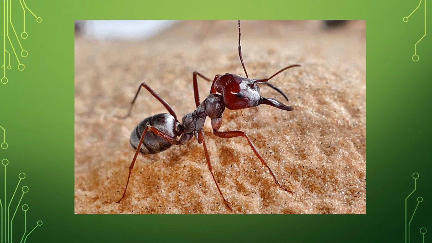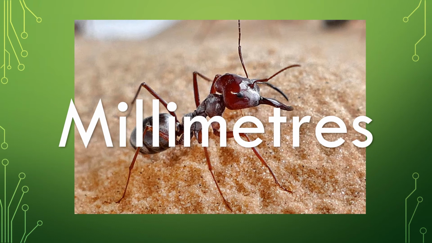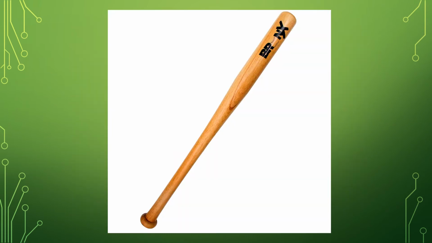All right, what unit of measurement would you use to measure the length of an ant? If you said millimeters, great work. What unit of measurement would we use to measure the length of a baseball bat?